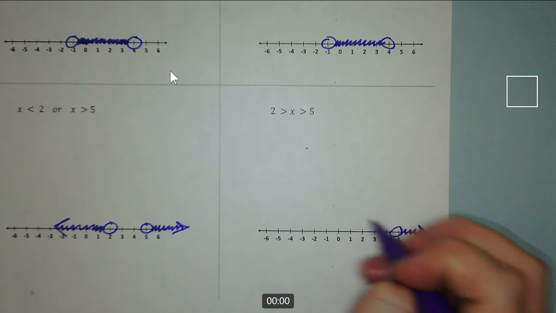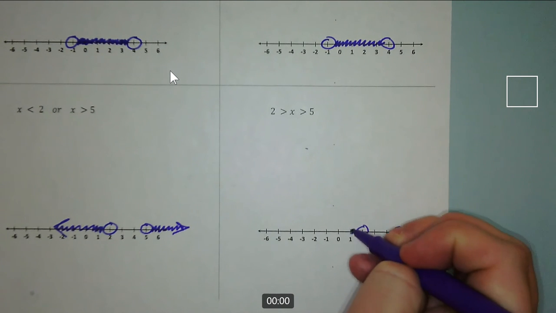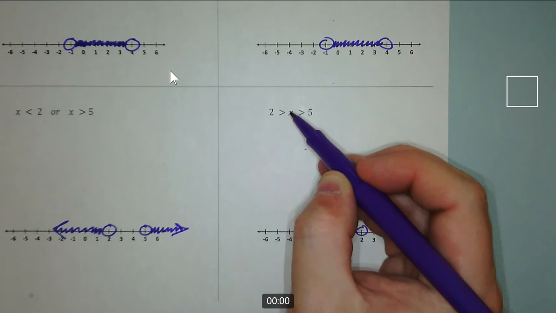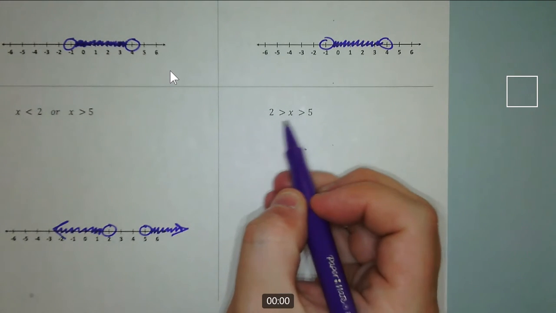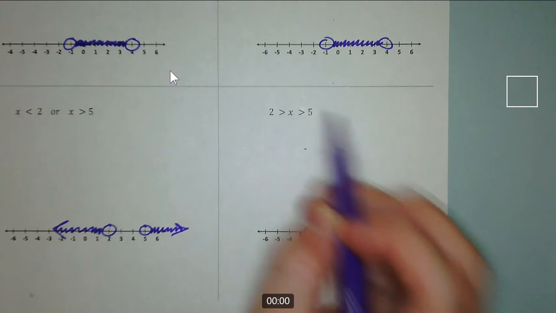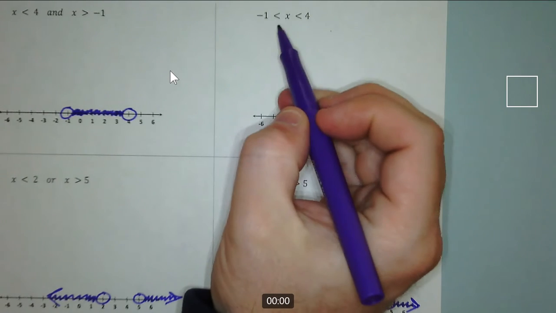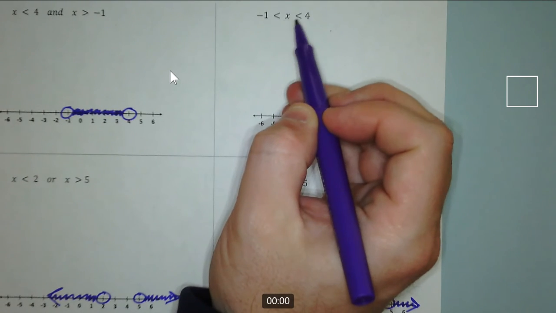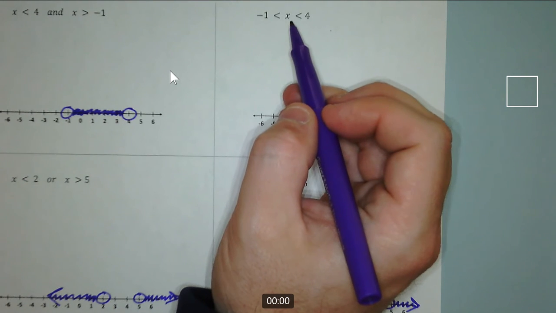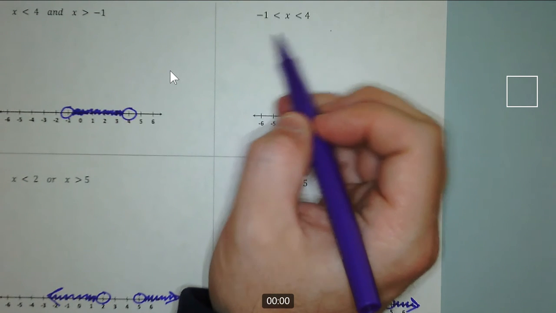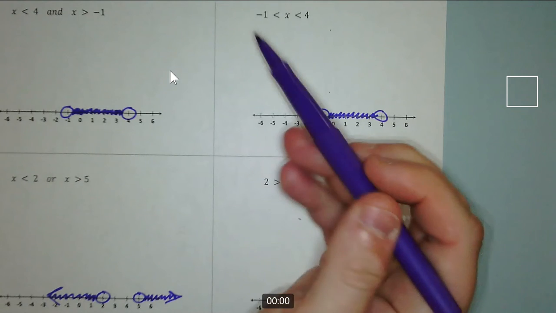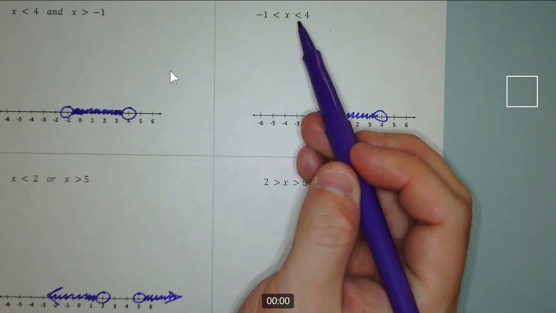I do want to stress very much that this way to write it is very rare, which is strange, because writing an or compound inequality all smushed together like this is very rare. But up here, writing the smushed version of an and is very, very common.